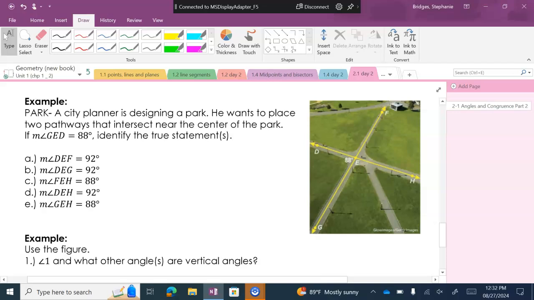What it wants you to do is circle all of the true statements below from A, B, C, D, and E. Which one of those statements would be true based off of that picture and the lines in that picture? We know about linear pairs and we know about vertical angles. Linear pairs add up to be 180. Vertical angles are equal. Go through and circle all of the statements that must be true based on the fact that angle GED is equal to 88 degrees.